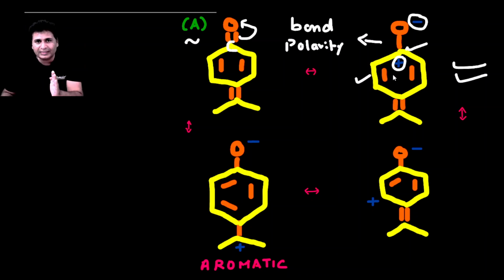So in these cases, I have told you to shift the pi bond towards the positive charge. Students, as you shift this pi bond towards the positive charge, this carbon is going to get deprived of the electron. And as the electron goes away from this carbon, it acquires a positive charge, as you can see in the next structure.